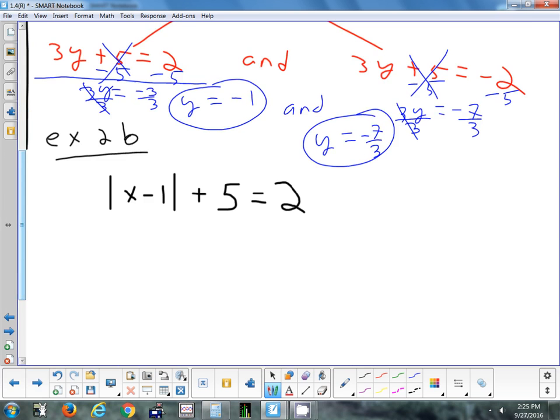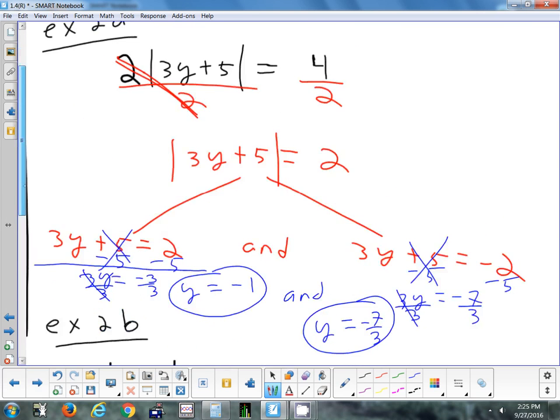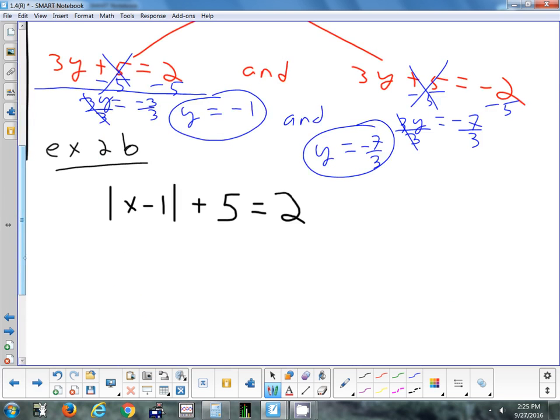Okay, this time you don't have a number that's right next to the bars. That's your division. This time you've got a number that's on the same side, but it's a +5. So as Brett already said, we got to subtract 5 from each side, and that's going to get rid of that 5. Any questions why we're not going to divide by 5?